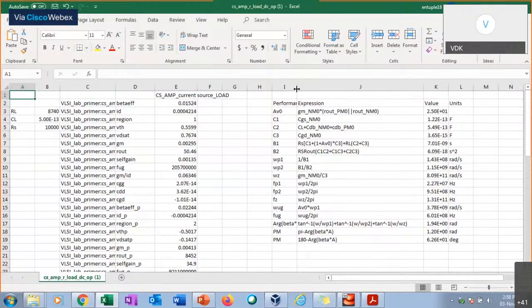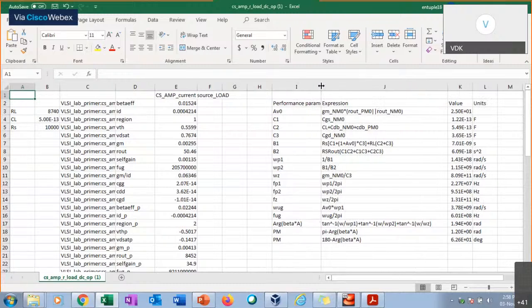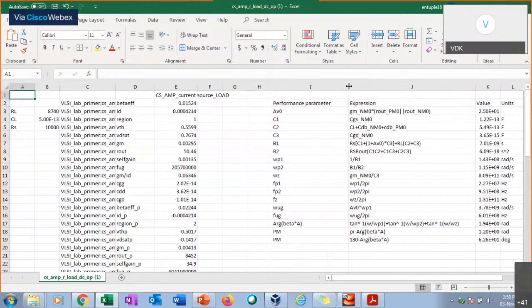AV naught is given by GM of the NMOS device multiplied by the parallel combination of Rout PMOS and Rout NMOS. This value turns out to be equal to 25 from the calculations. We are picking up those values from field E.